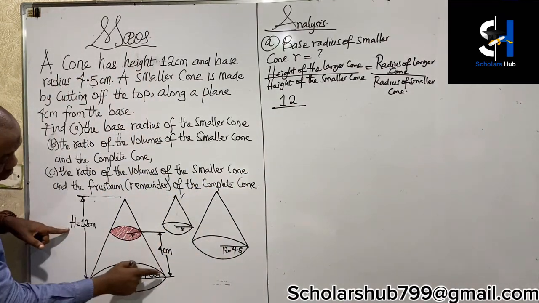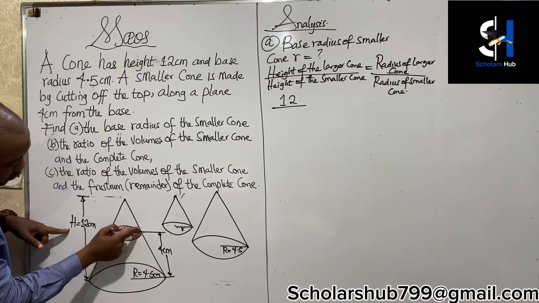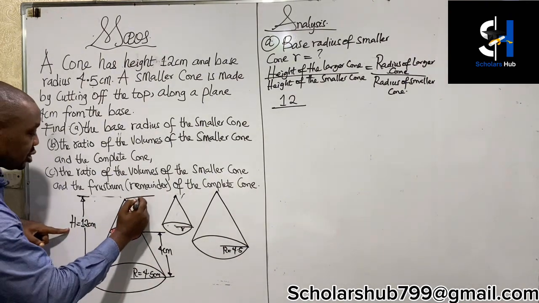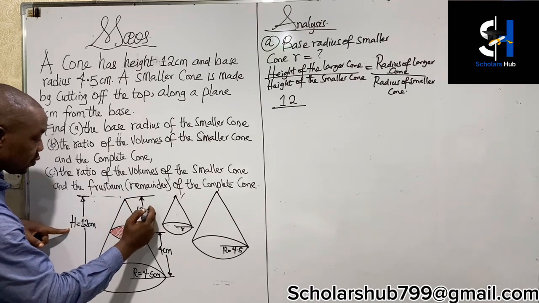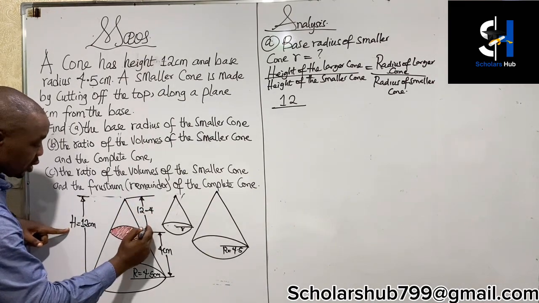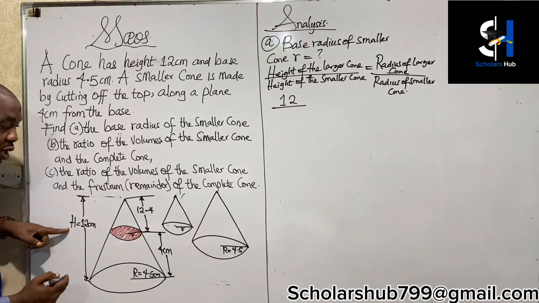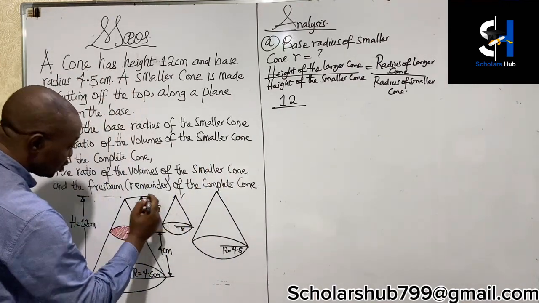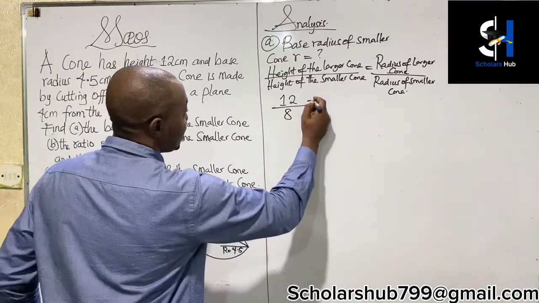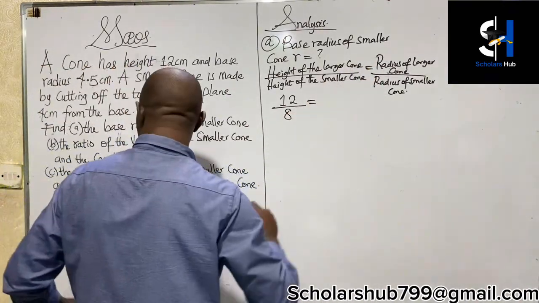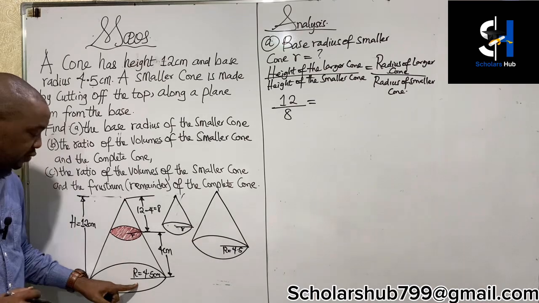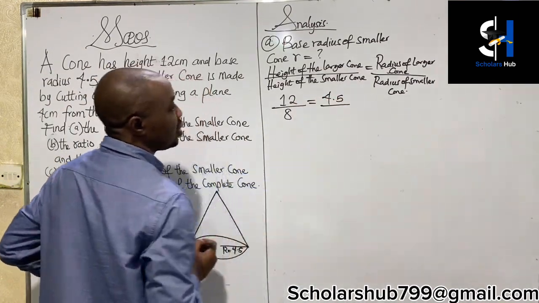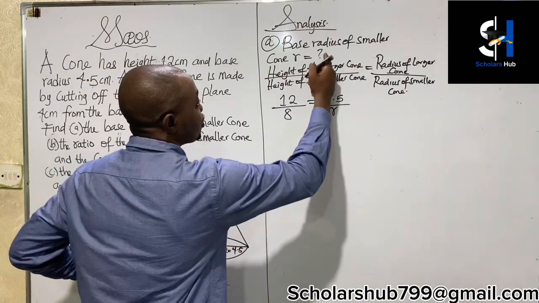The height of the cut-off part from the base is 4 centimeters, so the remaining height is 12 minus 4, which is 8 centimeters. The radius of the larger cone is 4.5, over the radius of the smaller cone, small r.